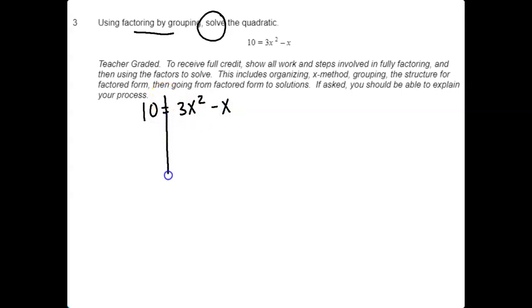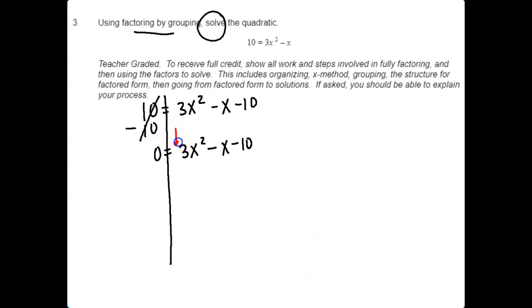So first thing we need to do is get this into standard form. So subtract 10, subtract 10. So 0 is equal to 3x squared minus x minus 10. All right, after standard form, I'm going to check for a GCF.